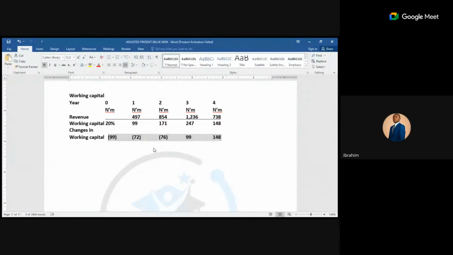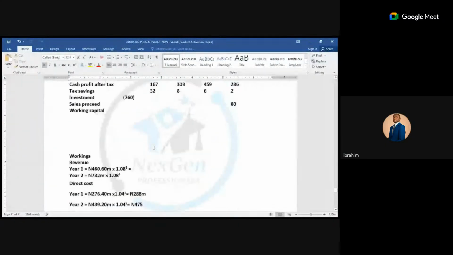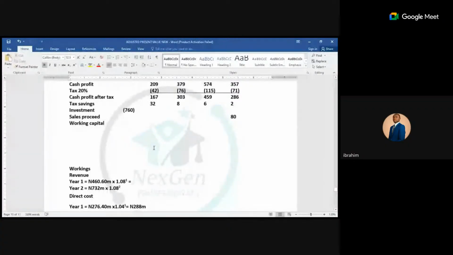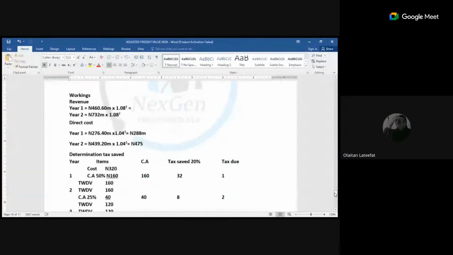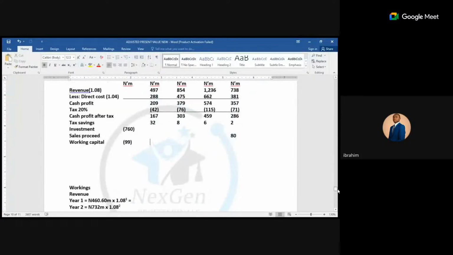So 99 is our working capital. I plan to finish this first question, but that's fine. Year 0, 99. Year 1, what do we have in year 1? Year 1, working capital, 72. Look at it, class. 72 negative.